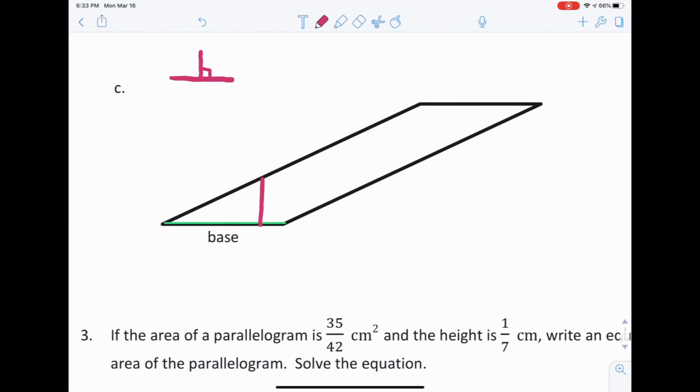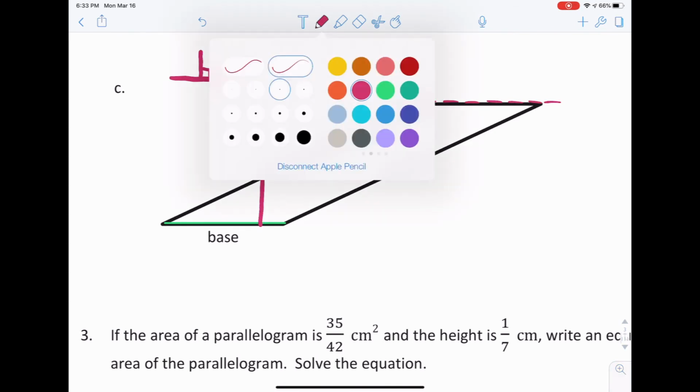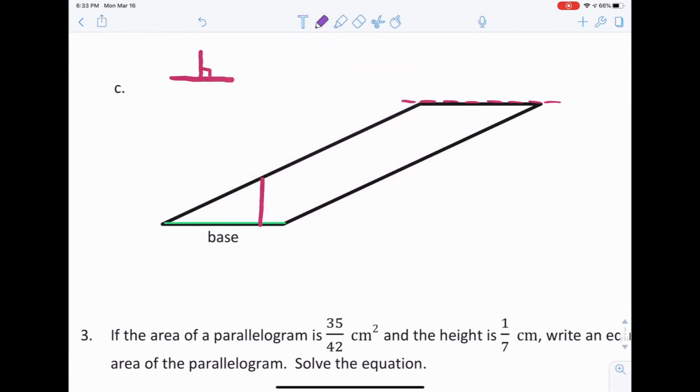That's not the height because the parallelogram is much taller than that. And in fact, you can see the parallelogram goes up to this height. So I need to draw a line that is perpendicular to that green line. However, it needs to be straight up and down so that it reaches the height of it.